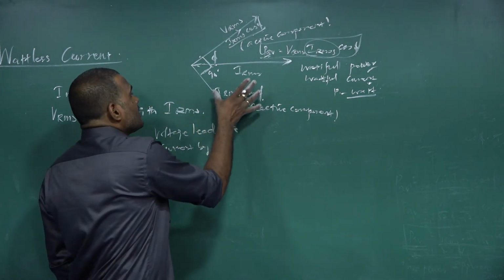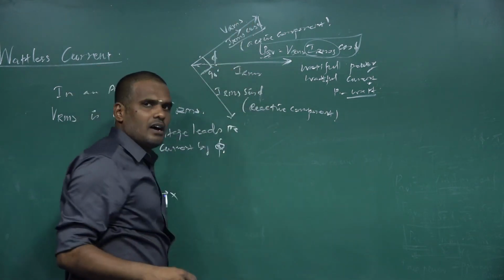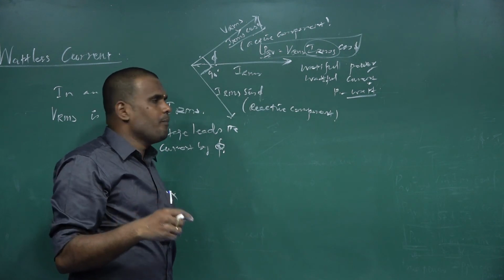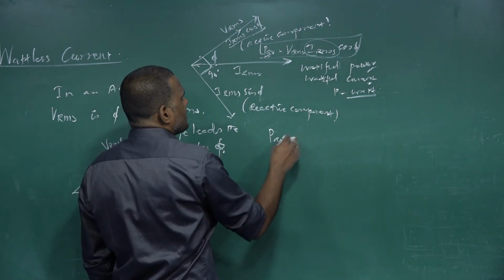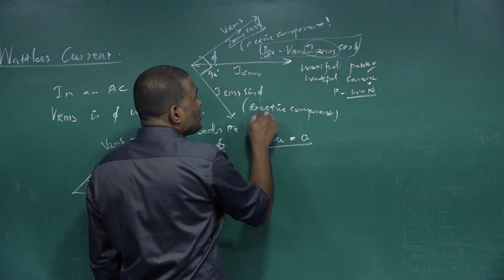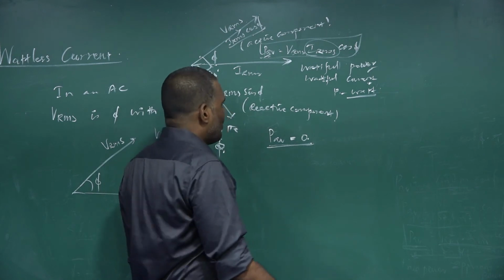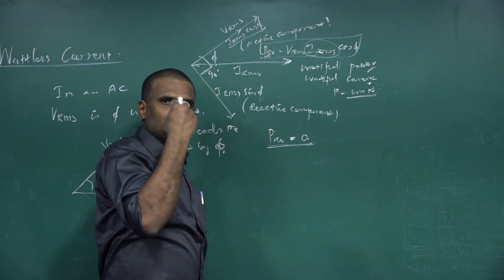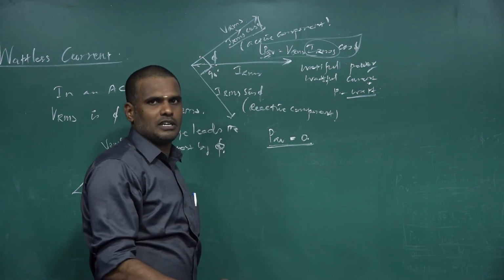So in this way, I_RMS sin phi and V_RMS are at an angle of 90 degrees. So the average power consumed by the circuit is said to be 0 due to this current. What does this mean? It is consuming energy and then it is releasing energy once again to the source itself.